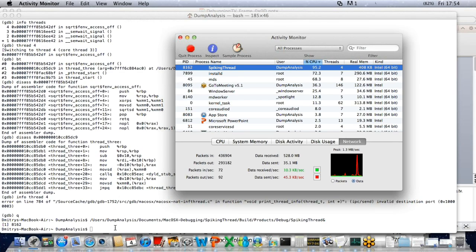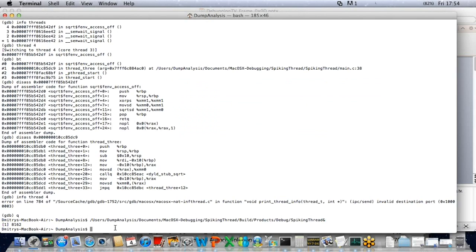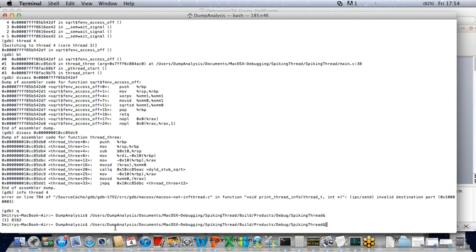What we do now is attach GDB to that process. So we again run GDB, supply the image of spiking thread, and then also supply the process ID. This is now 8162.